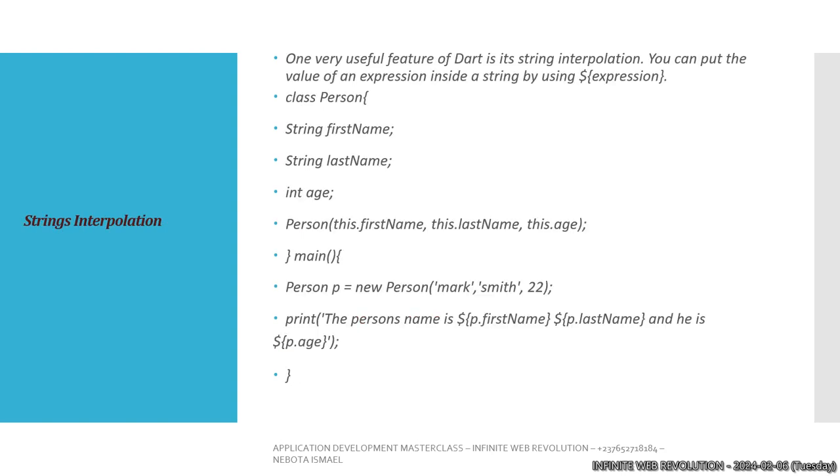Now we have a concept called string interpolation, right? One very useful feature of that is string interpolation. You can put the value of an expression inside a string by using the dollar expression. Now let's see something.